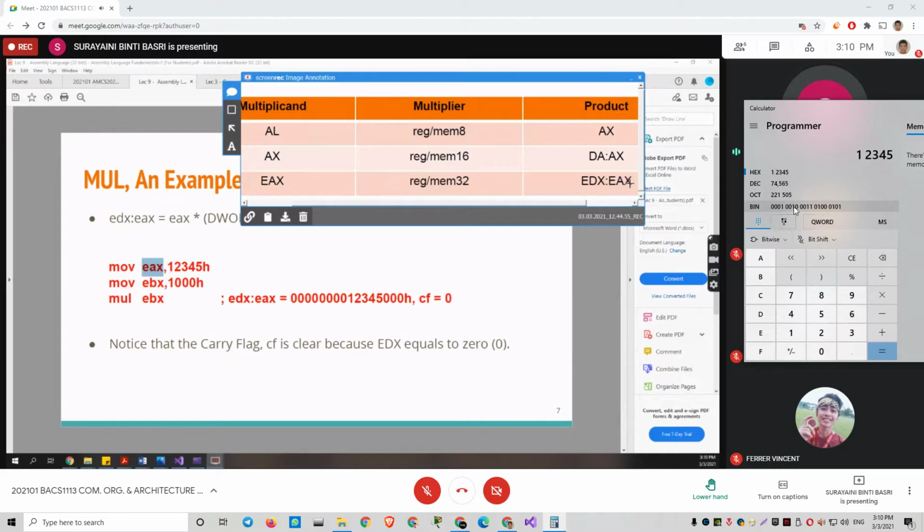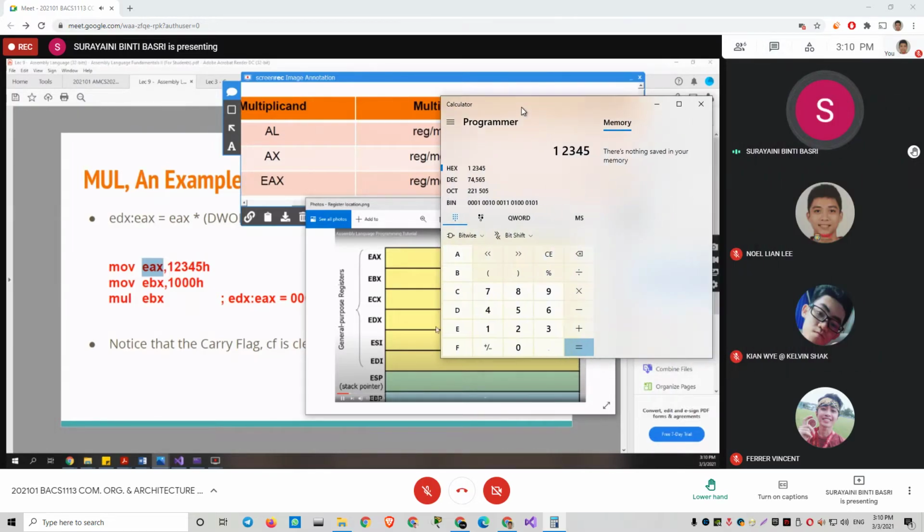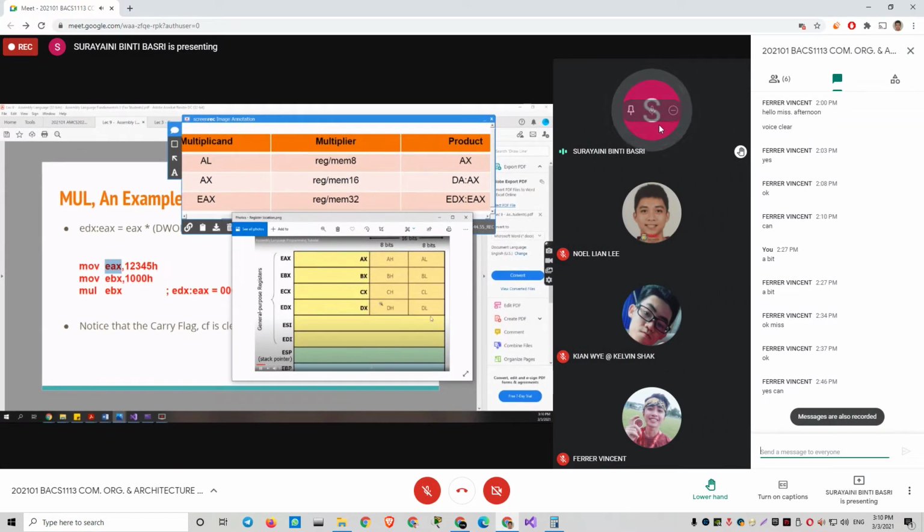EAX only can hold up until 32 bits. If you remember this diagram, EAX can only store up to 32 bits. If the product is over 32 bits, it will start in EDX.